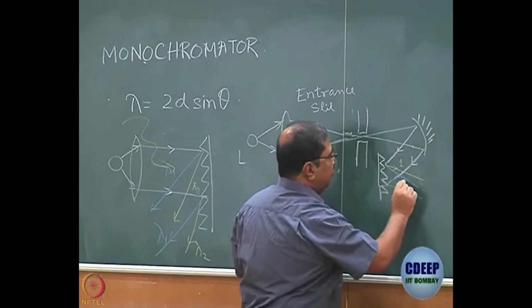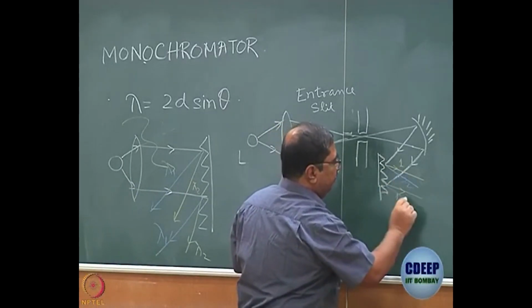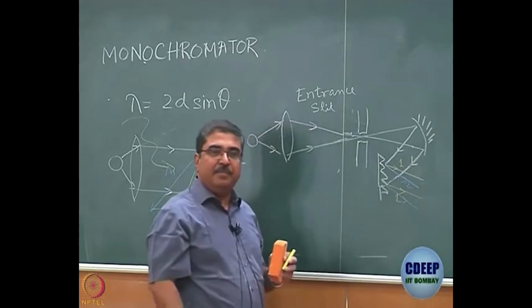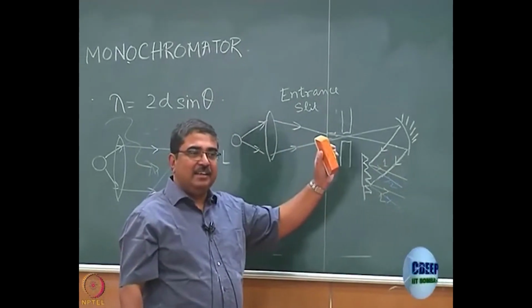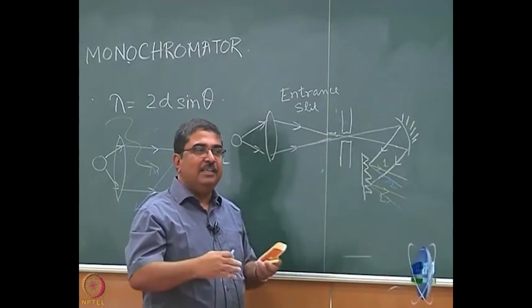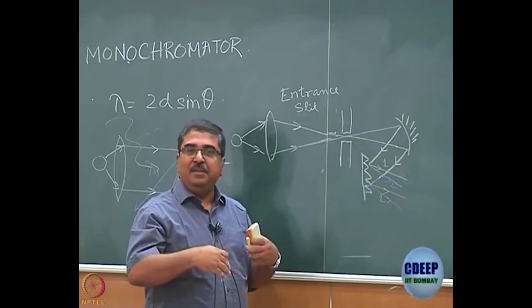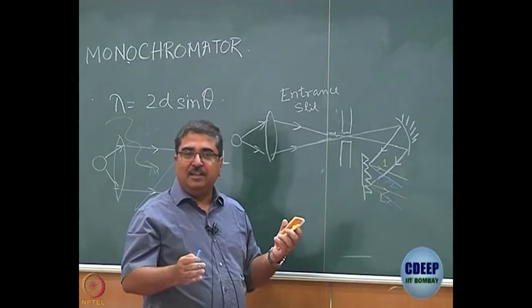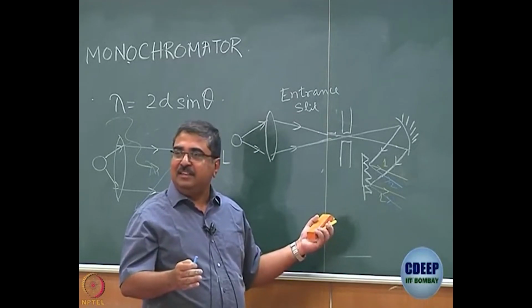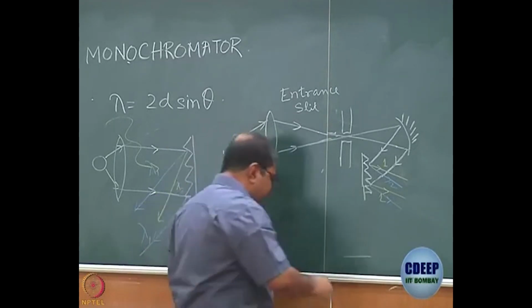Wavelength number 2, another parallel beam. Now I have to get the light out, right? I have got the light in, white light in. I have to get the individual frequencies out as well. For that I will need another slit, and now I think you might understand better.